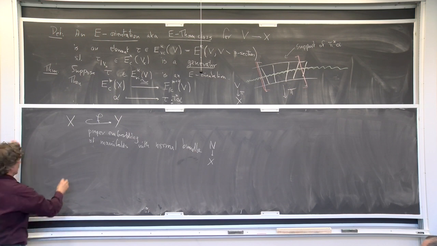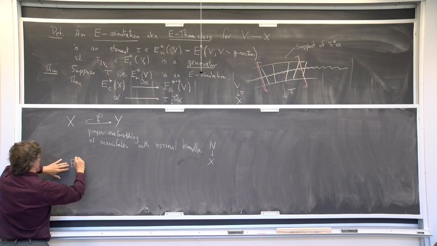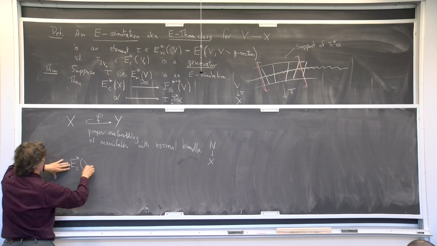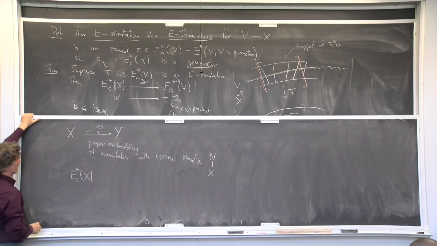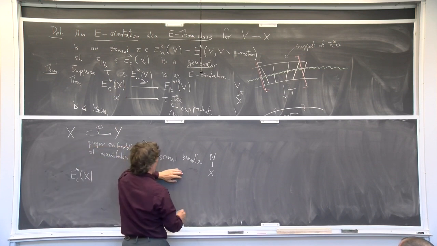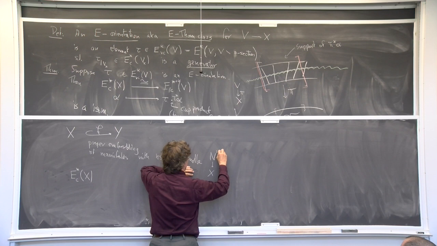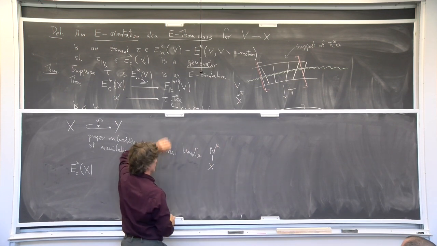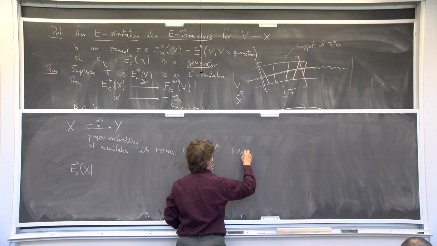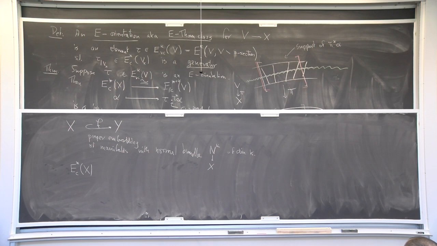Let's start with a group, the E-cohomology with compact supports of manifold X. Let me assign dimensions here. Let's say this N is a k-dimensional bundle. In other words, it's an embedding of codimension k.